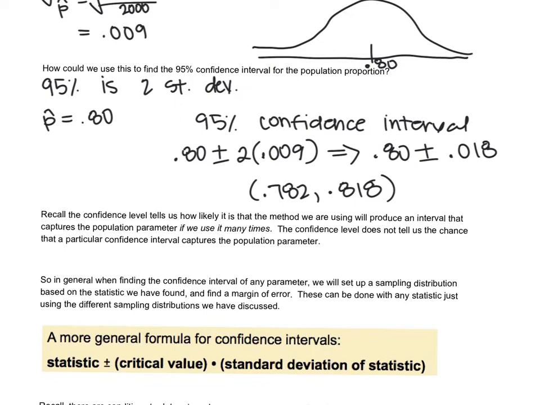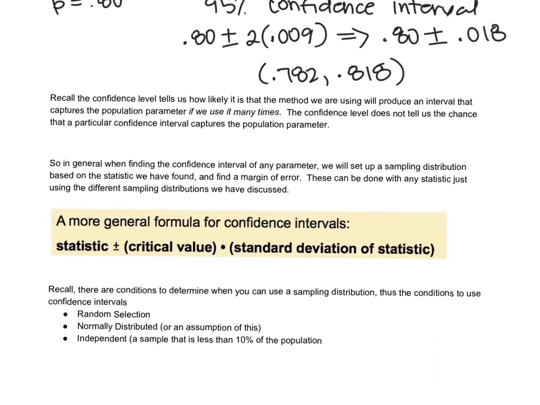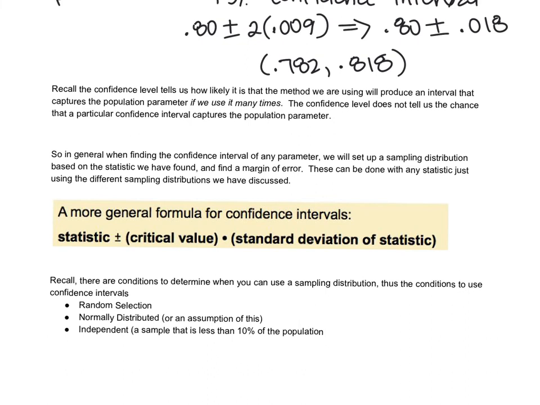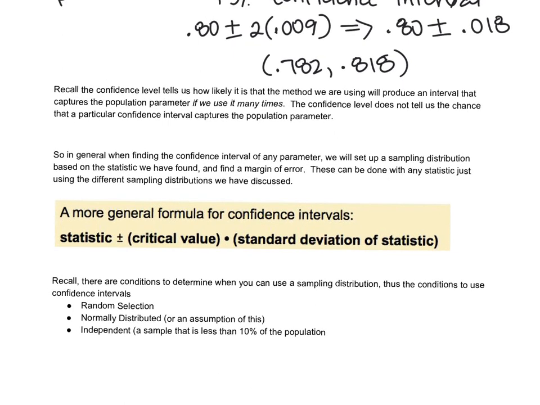Okay. So when we're finding a confidence interval, what we're basically doing is setting up a sampling distribution based on the statistics we found, and we find a margin of error. We are going to take a closer look in sections 2 and 3 at how this gets more specific for proportions versus means. But in general, we take the statistic, and we add or subtract the critical value, which is our standard deviations and comes from how confident we are, times our standard deviation.